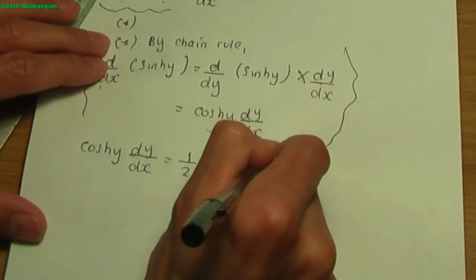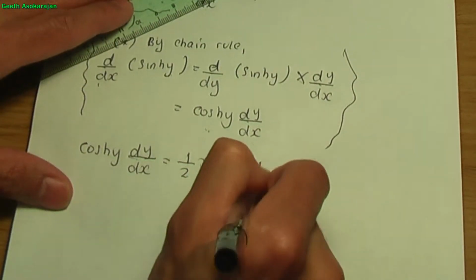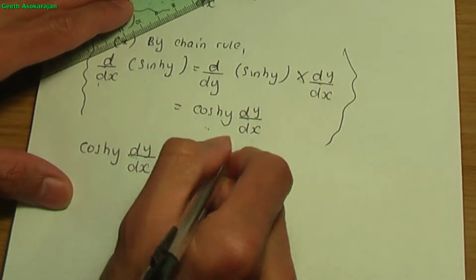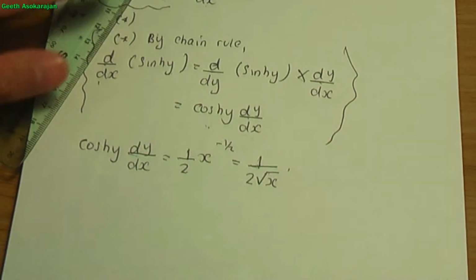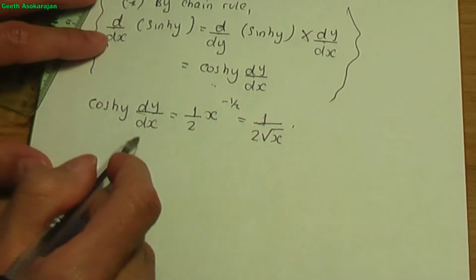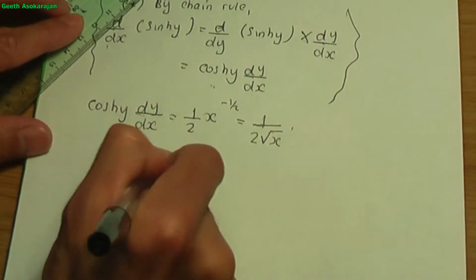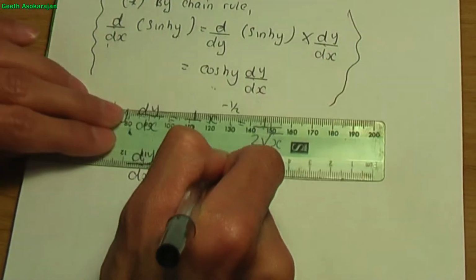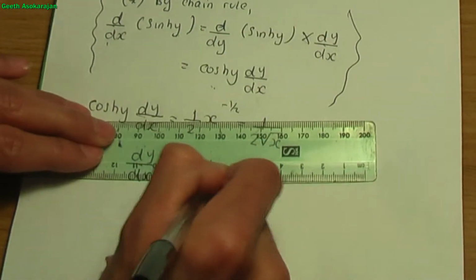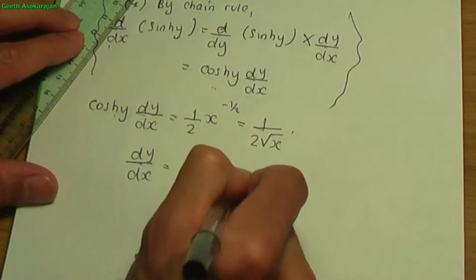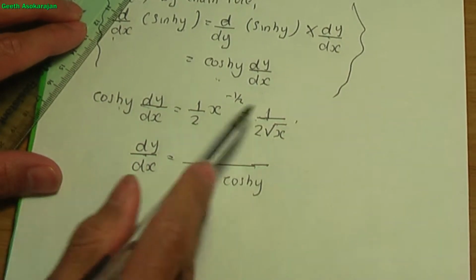That simplifies to 1 over 2, let me leave the 2 as is, x to the minus half, that's the same as 1 over root x. So let me therefore rearrange for dy over dx. So dy over dx then will be 1 divided by 2 root x into hyperbolic cos y, if I divide both sides by hyperbolic cos y.